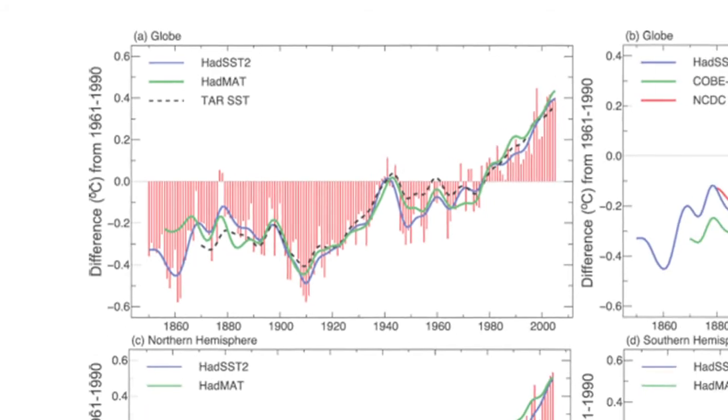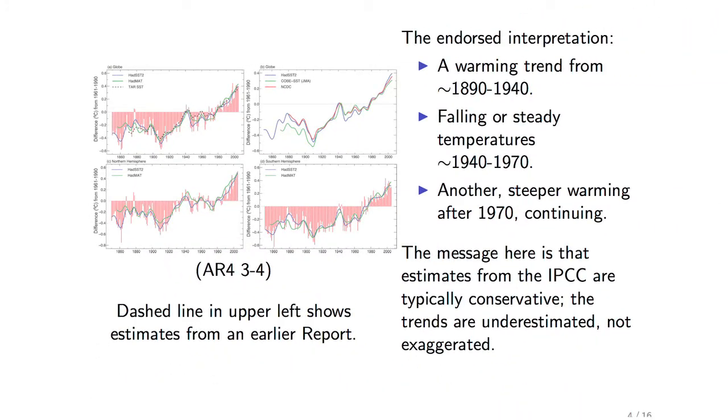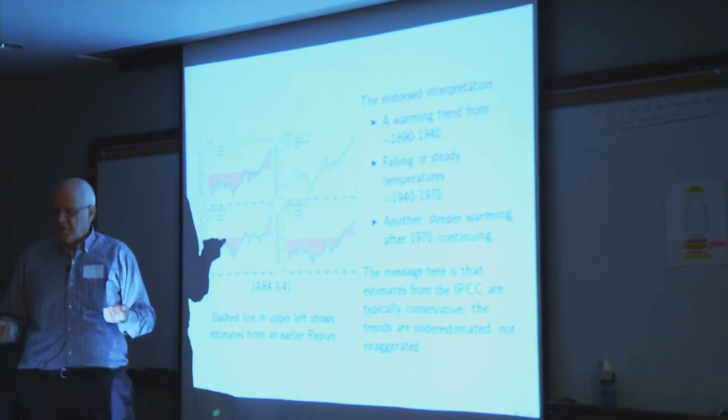The reason I'm showing this figure is to remind you of that accepted interpretation, but also to note that in the fourth assessment report, they looked back at what the third assessment report had shown, and the evidence here suggests that the interpretation, the accepted wisdom by the climate community doesn't overestimate the effects. In fact, if anything, we tend to underestimate the effects.